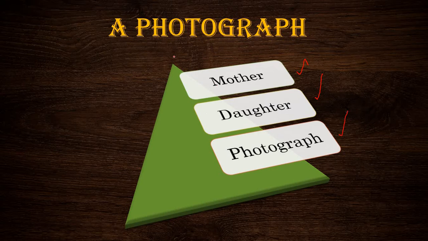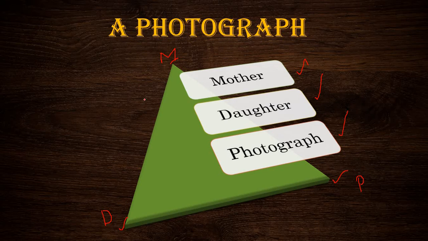Imagine these three are the three corners of a triangle. Excuse me if the letters are not properly written, because I'm not very good at it. We'll keep this as the mother, this as the daughter and this as the photograph.